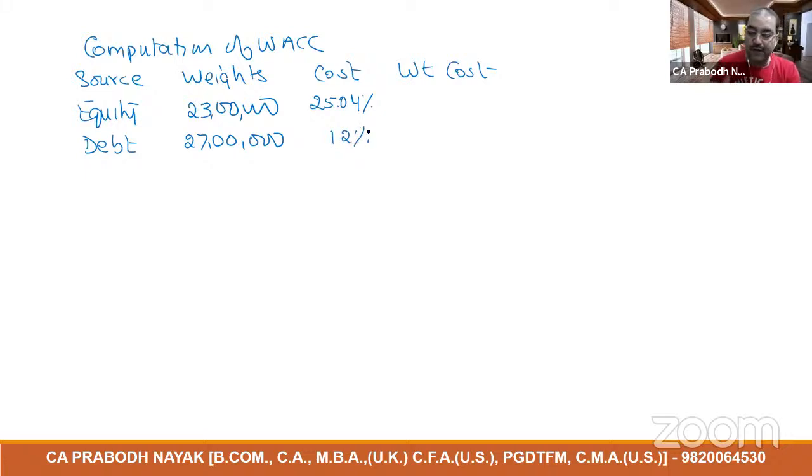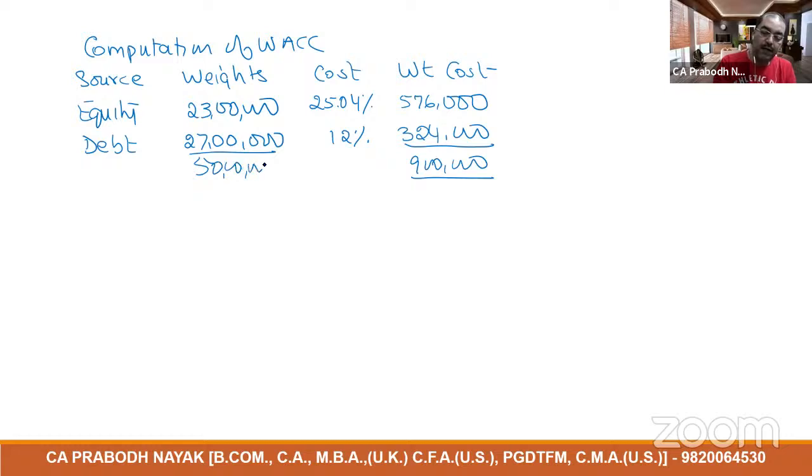Why 12%? Because no tax is there. If tax was there, I would have calculated 12 into 1 minus 0.4. So if I calculate now, 23 lakhs into 25.04% comes to 5,76,000. 27 lakhs into 12% comes to 3,24,000. It will be 18%.